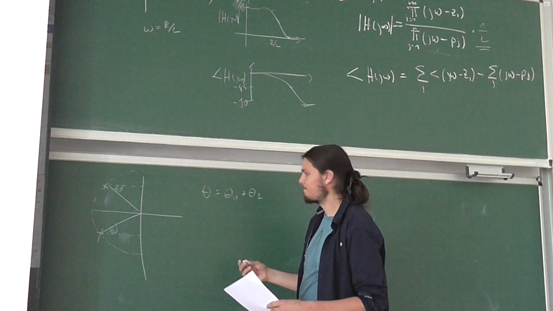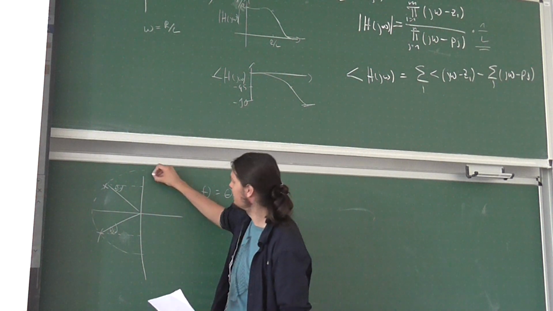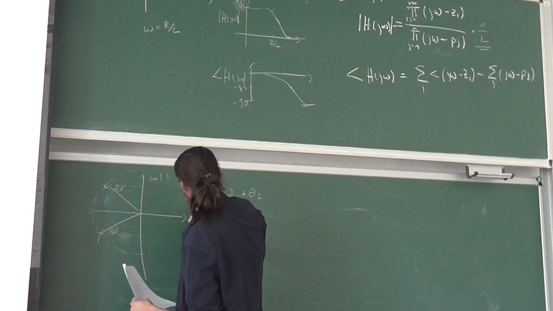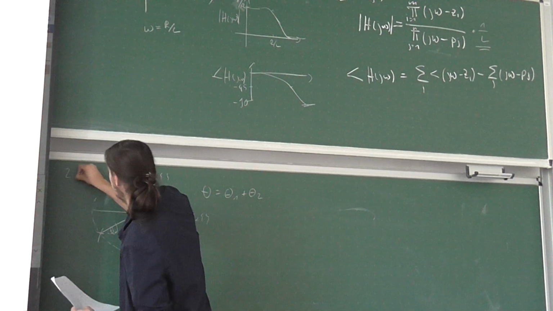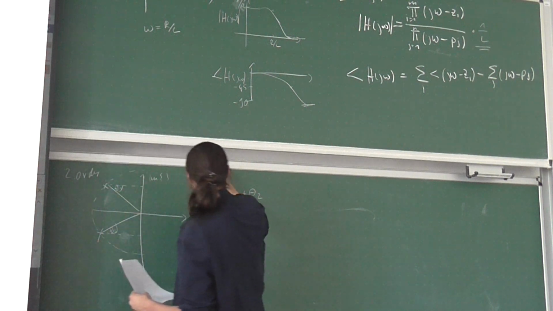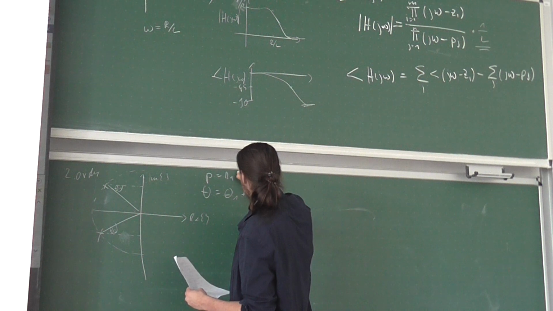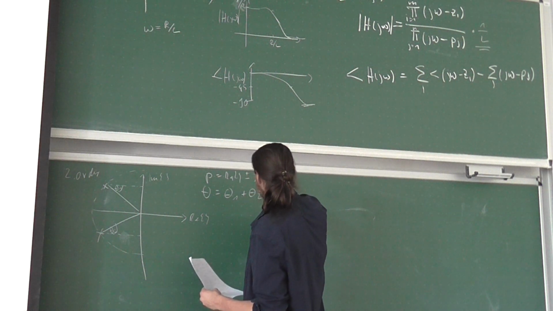What is this plot? This plot here? Yeah. Again, the same one, sorry. This is imaginary, this is real, and this is for a second order system. So our pole is basically a real portion plus minus an imaginary portion.